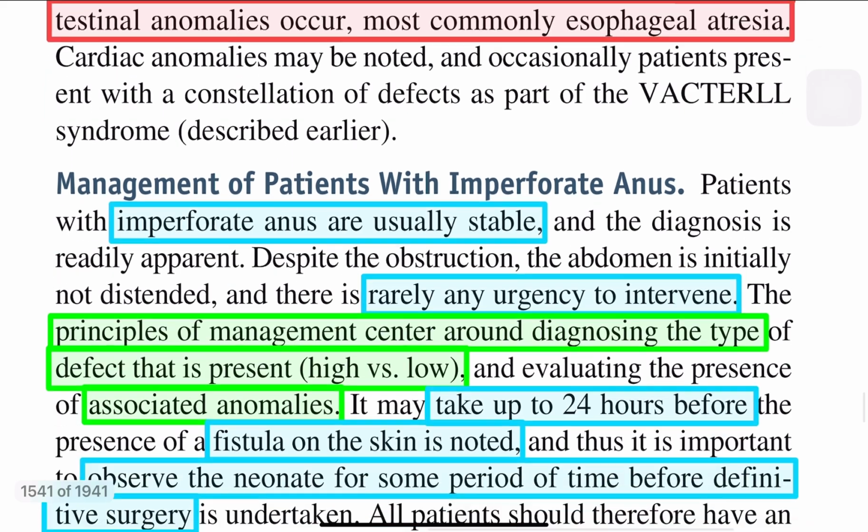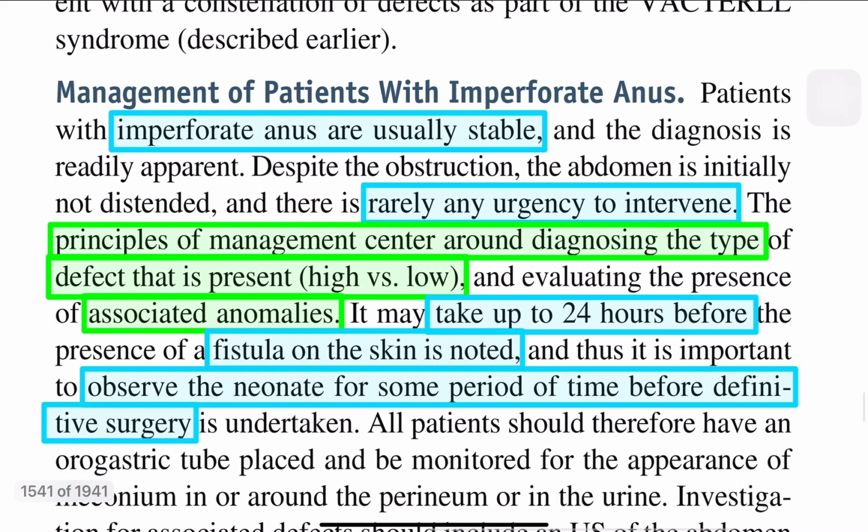These imperforate anus patients are usually stable and there is rarely any urgency to intervene. The principal management centers around diagnosing the type, low or high, and any associated anomaly. Keep these two things in mind when planning the surgery: whether the fistula is high or low, and whether any associated anomaly is present or not.